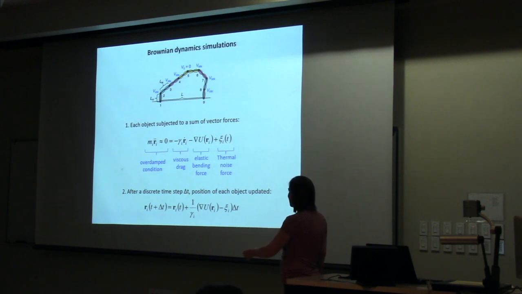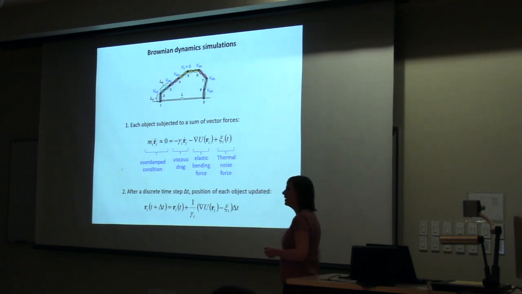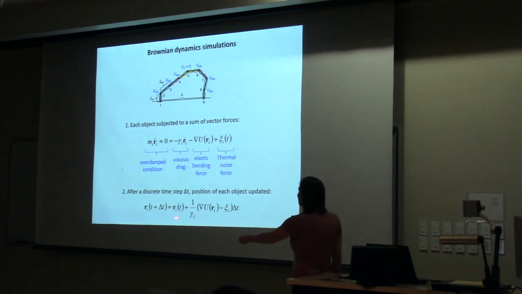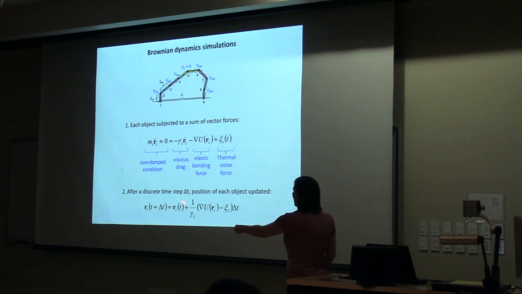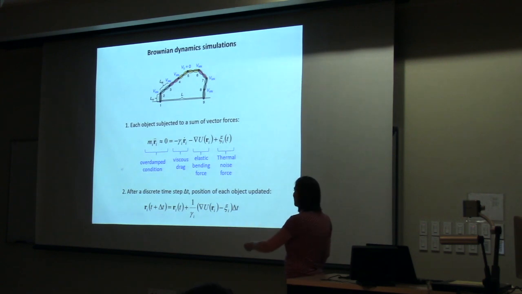And basically the approach is, I think about time in little discrete intervals, delta t, very small intervals of time. And I say, at my starting time t, I know the position of my object. And after a very small time, delta t, I'm going to update that position based on what I know about all the forces acting on that object. And so then that gives me a new position at time t plus delta t.